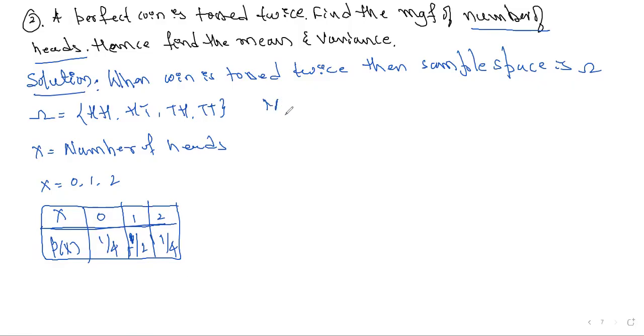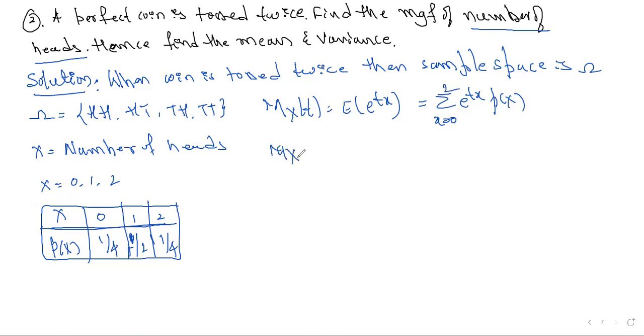Then how to find M_X(t)? We know that M_X(t) is nothing but the expected value of e power tX. This is nothing but summation of e power tx into p of x. X can take the values 0 to 2.